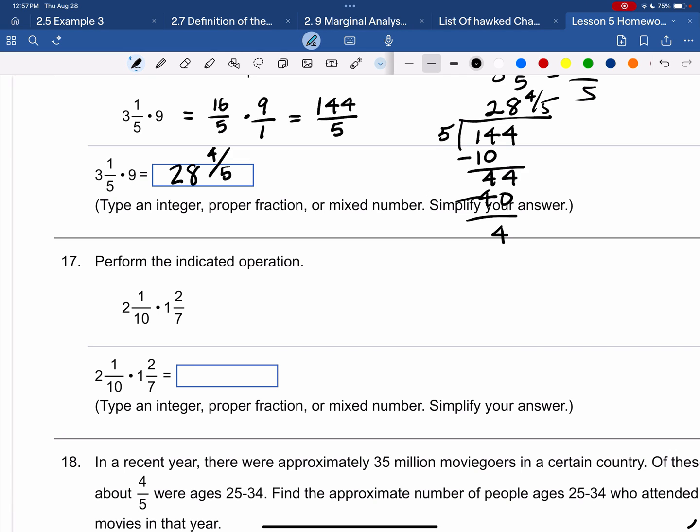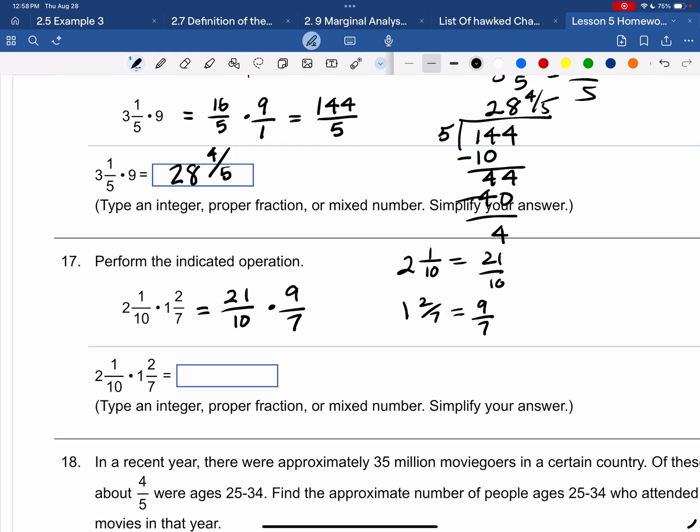And the last one, 2 and 1/10 times 1 and 2/7. Well, these mixed numbers have got to go. So 2 times 10 is 20 plus 1, 21 over 10. And then 1 and 2/7. 1 times 7 is 7. Plus 2 is 9/7. So this is 21 over 10 times 9 over 7.